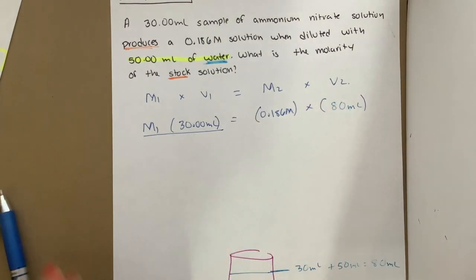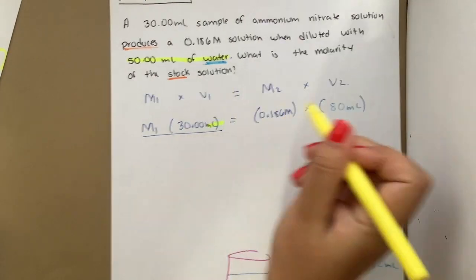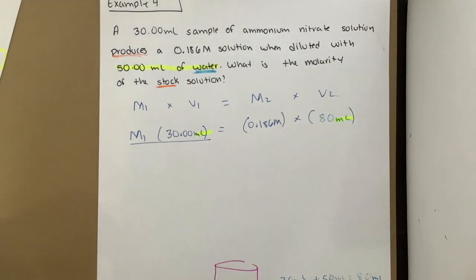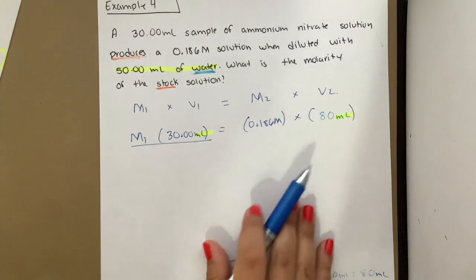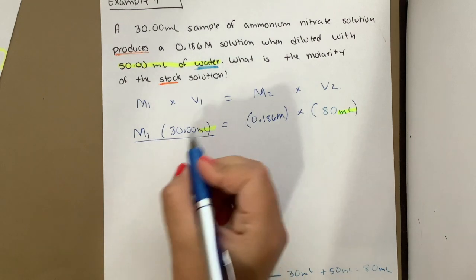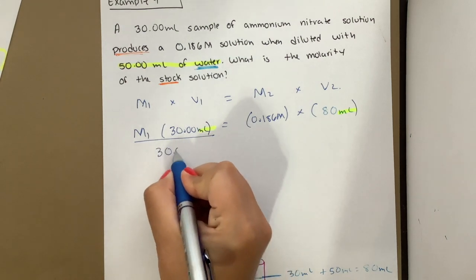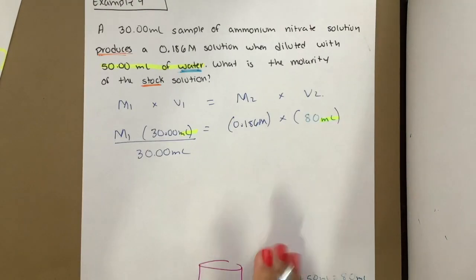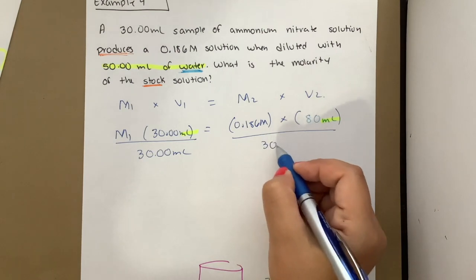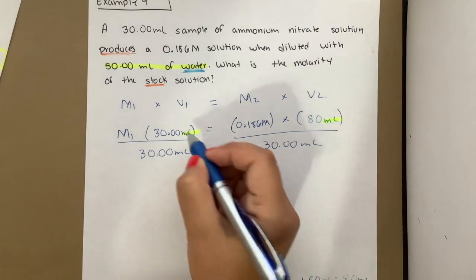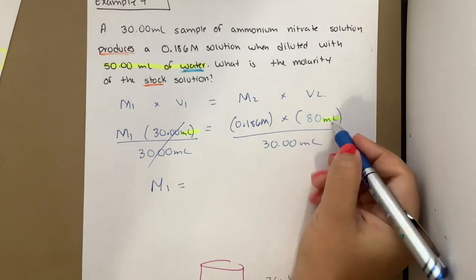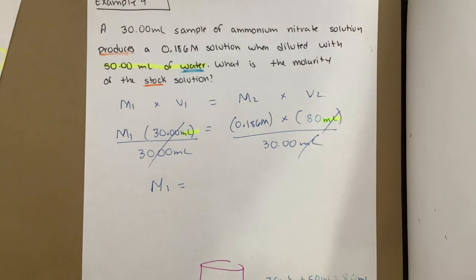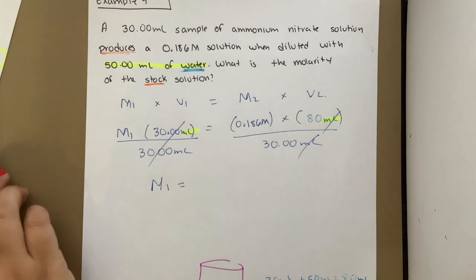So now to solve for the concentration, again, we're going to divide. Notice how both of my volumes are in the same unit. So that is wonderful. We do not have to convert them. So to find the concentration, we're going to divide both sides by 300 milliliters. Here they cancel out. We have initial concentration equals. The units here cancel out. That's why we want them to be in the same unit.